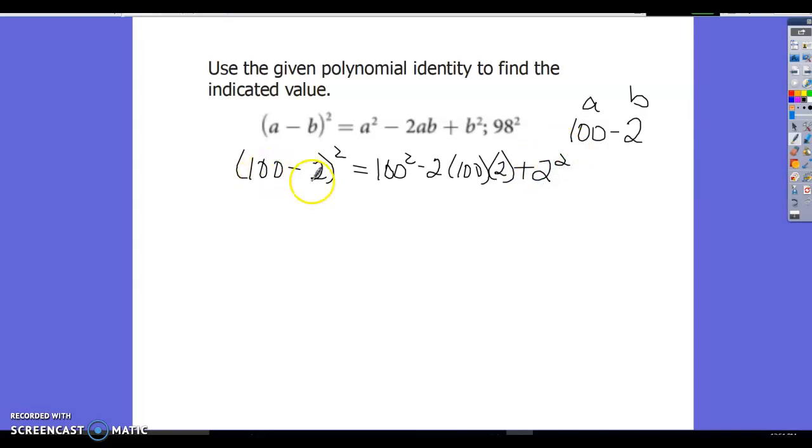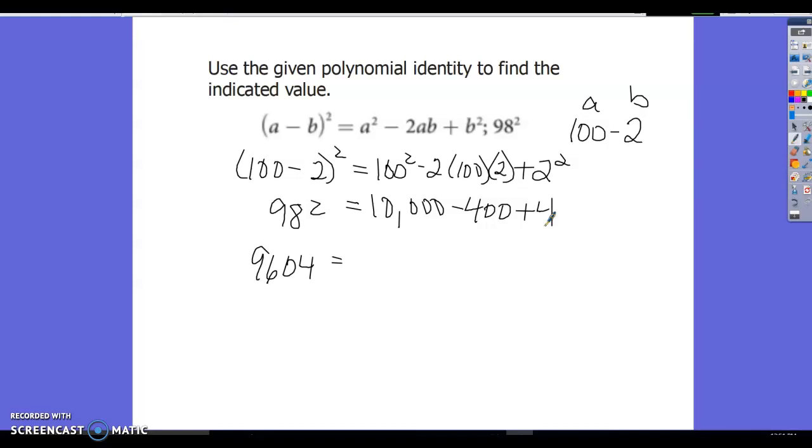So 100 minus 2 we know is 98, and 98 squared is 9604. And then 100 squared is 10,000, sorry, not 1000. And then 2 times 100 times 2 is 400, and then plus 4.